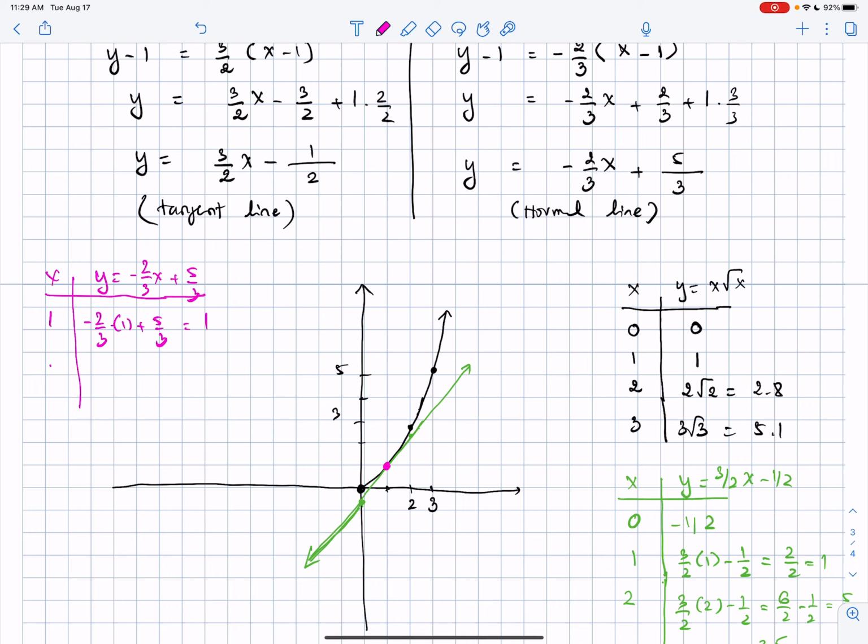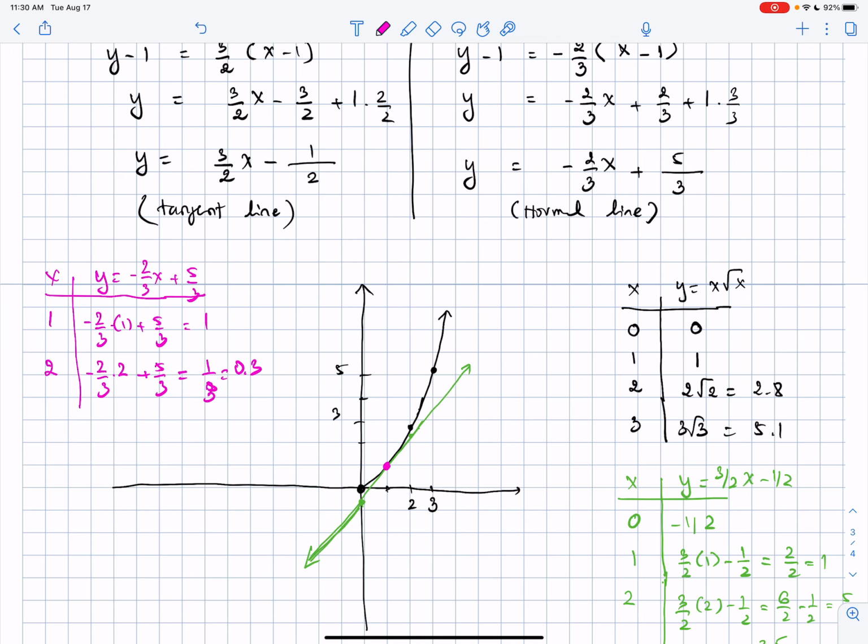And if x equals 2, then -2/3 times 2 plus 5/3. So that's going to give us -4/3 plus 5/3 is 1/3. 1/3 is like 0.33.